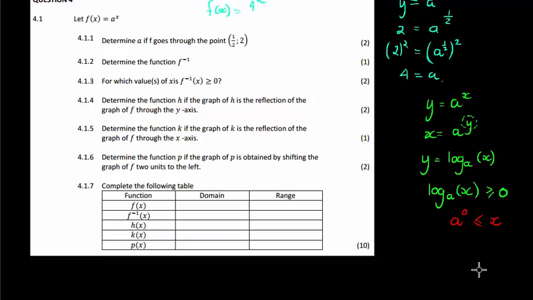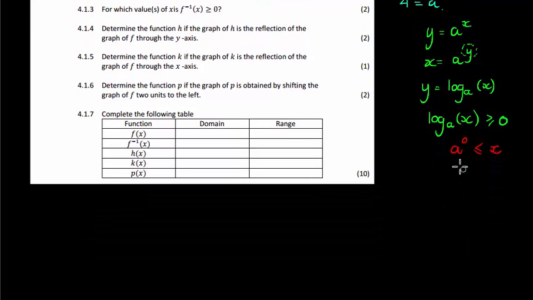Why does it go in that direction? Well, the best way I can explain it is by showing you how we can get rid of a log in an expression like this. It's going to seem a little bit weird, but if I do this on both sides, I make each side the exponent.